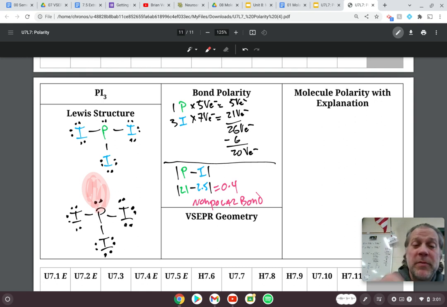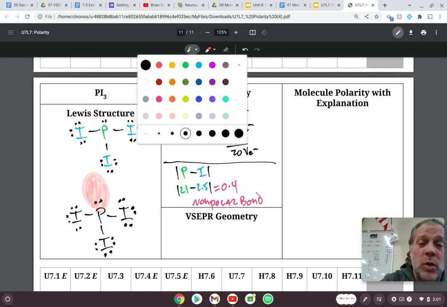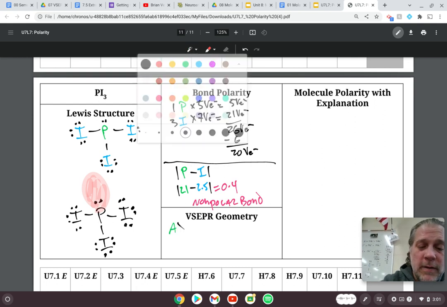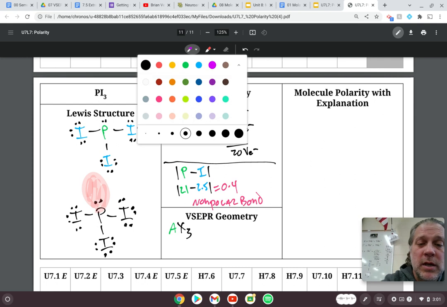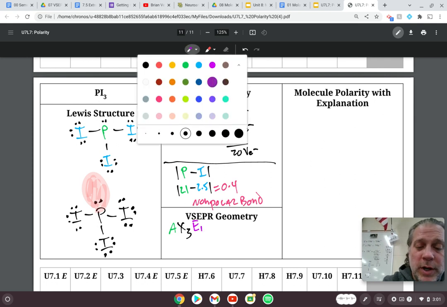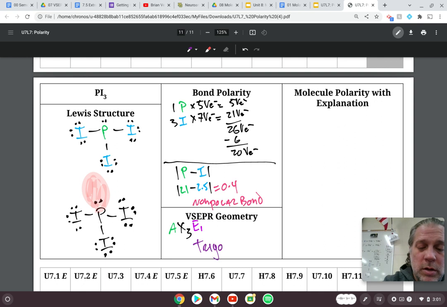To identify the shape of this molecule, okay, we have an AX3E1, which makes it trigonal pyramidal.